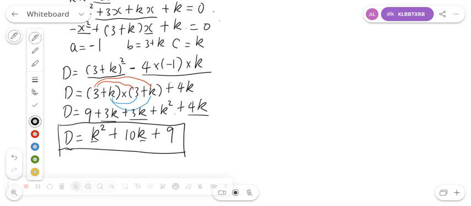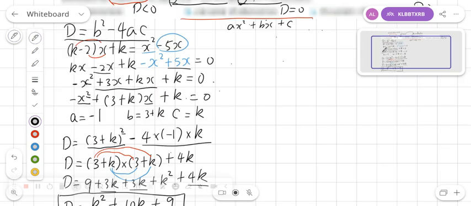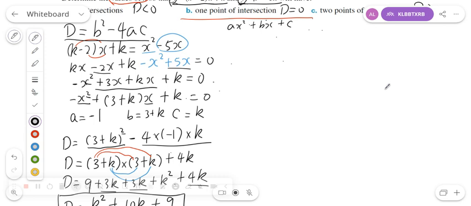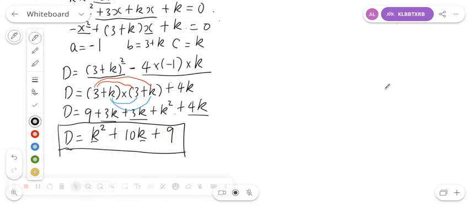So in this case, it is still a quadratic, it just doesn't have x and y in it. But can I still use all the methods that I can solve quadratics with in this one? Of course I can. So now we know the discriminant is k squared plus 10k plus 9.